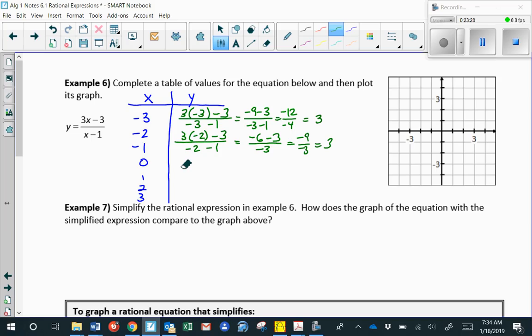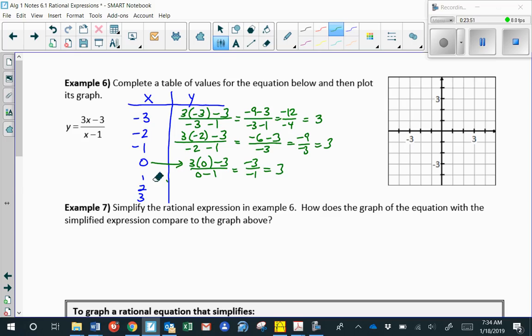Now we can do this for a lot more values. Let's just sample a few more. If we use 0, 3 times 0 minus 3 over 0 minus 1 is negative 3 over negative 1, which is positive 3. I'm getting the impression that our y values will always be 3.